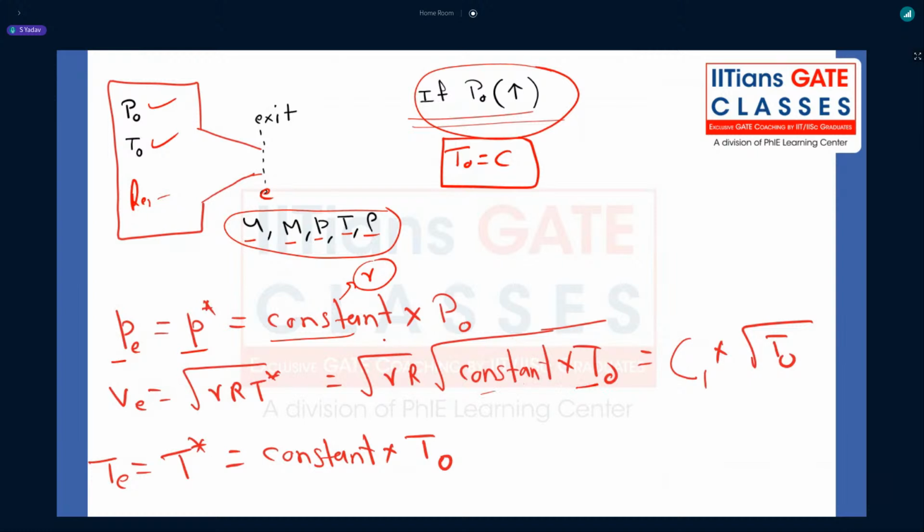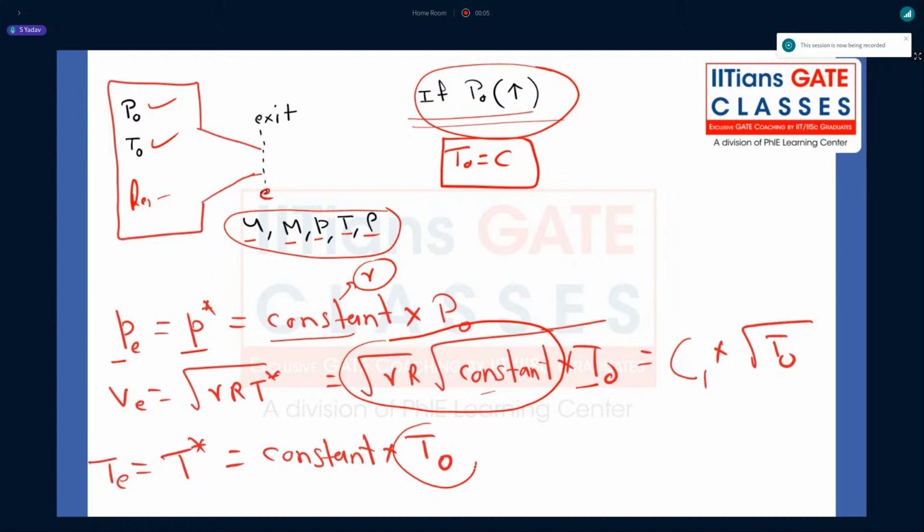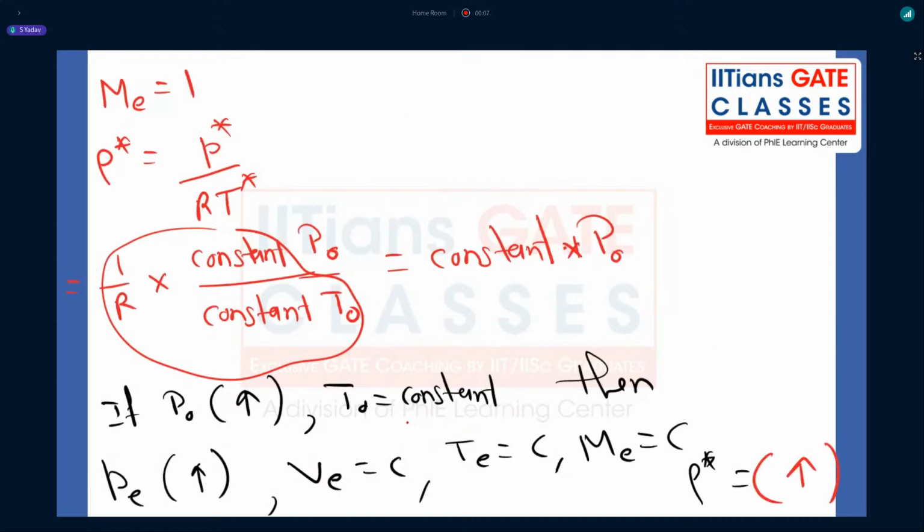So finally you can club all these three constants into one big constant and write C1 times the square root of T naught. So exit velocity is a constant as a function of total temperature. Next is the exit temperature. Exit temperature will be T star, which is a constant multiplied by T naught.